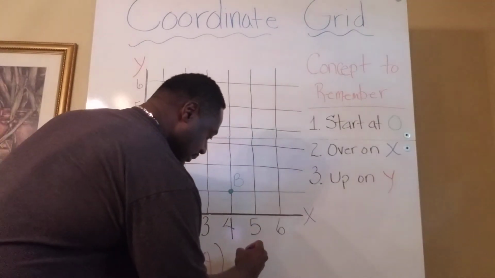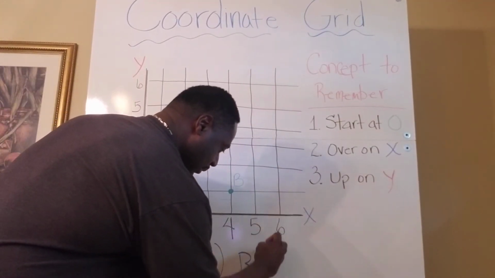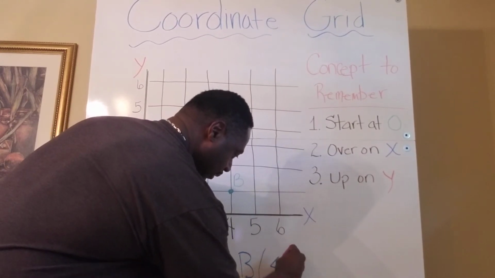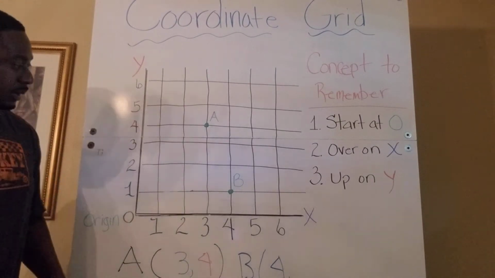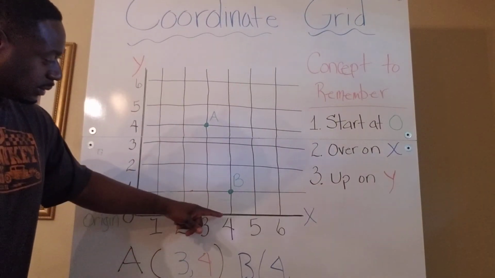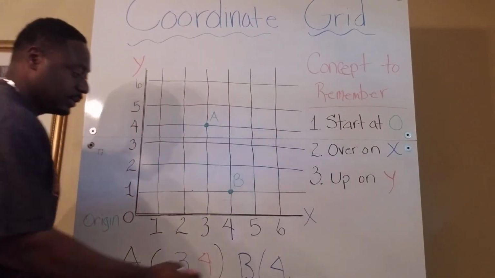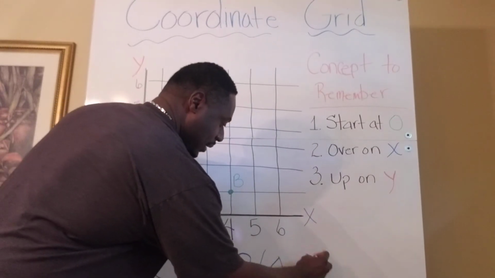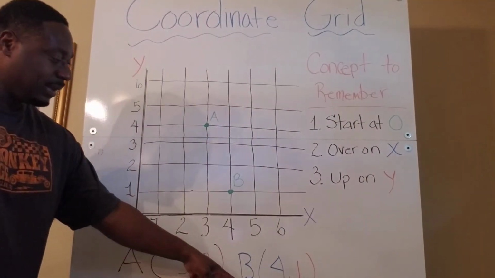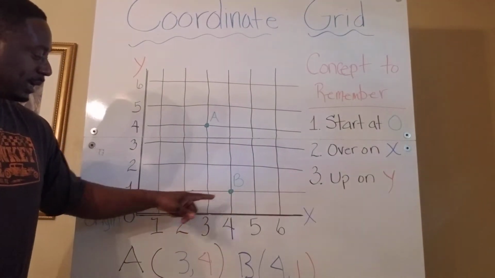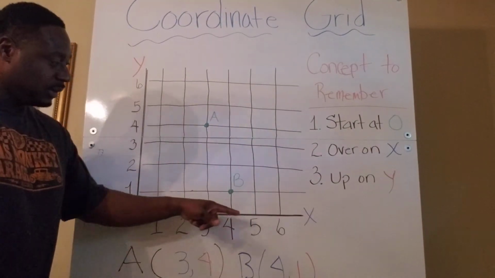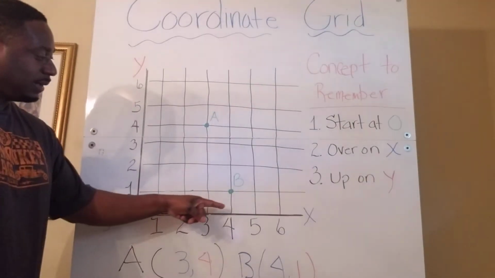I'm going to write, this is going to be for B, in parentheses, I'm going to write 4. And now I want to go up 1 on my y-axis. So I've just plotted B. So the ordered pair for B would be 4, 1. Remember, we're going over on the x-axis, and then we're going to go up.